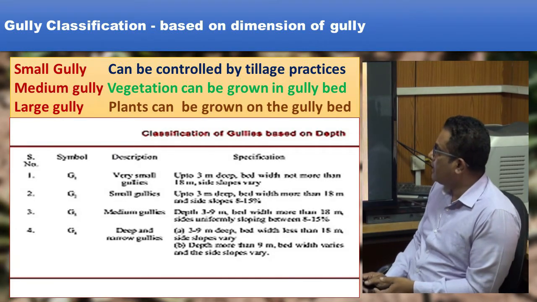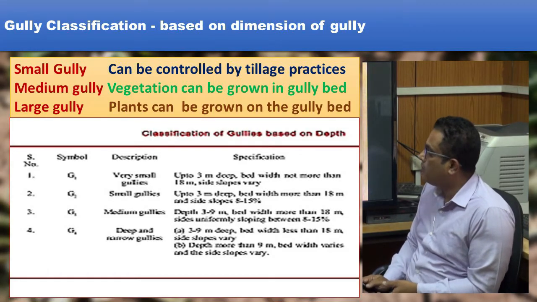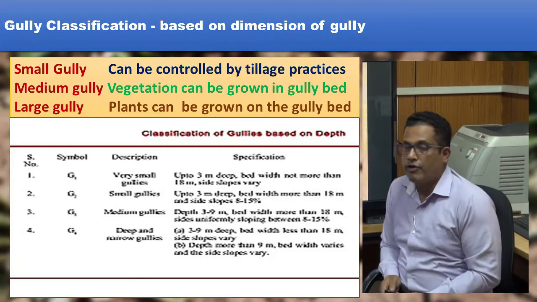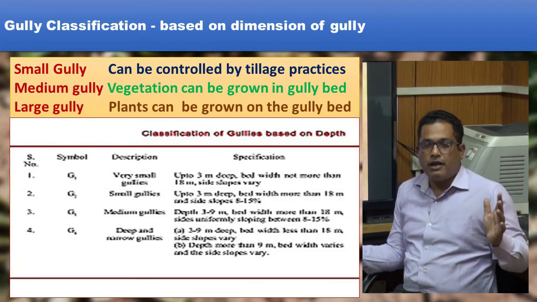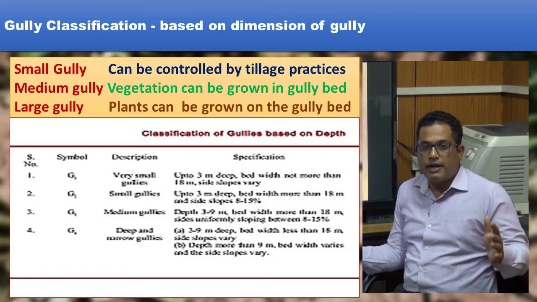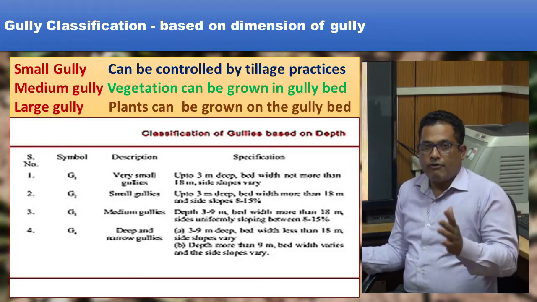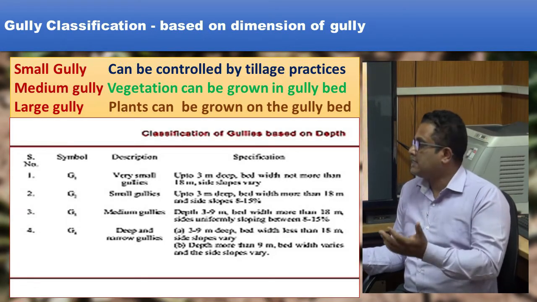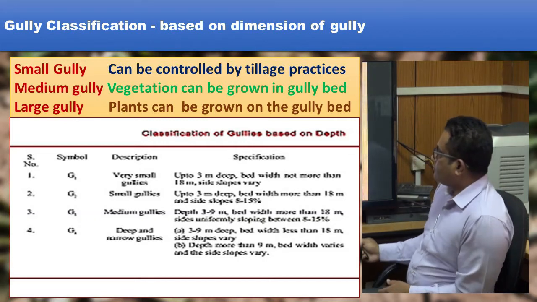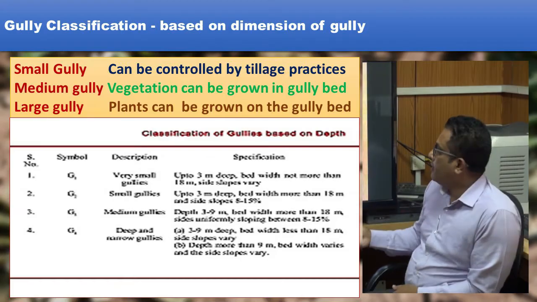Second is medium gullies, where vegetation can grow in the gully bed, and the large gully, where the depth would not be very high, but its width would be very large. In such a gully, even shrubs or small plants will grow. It is more or less a stabilized gully, and we can also call it an unseasonal river.